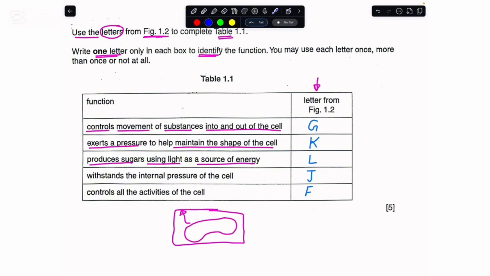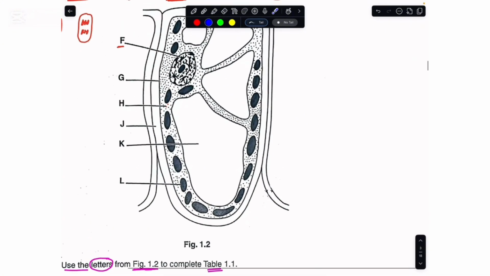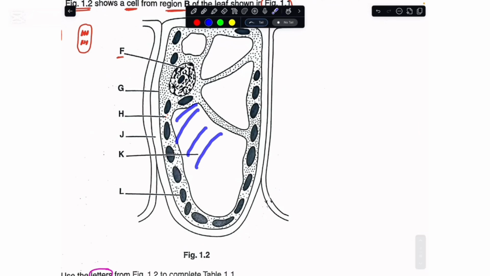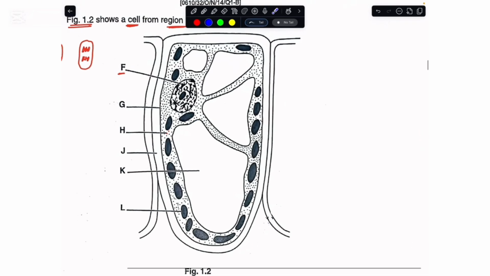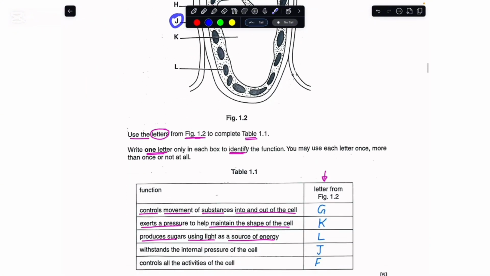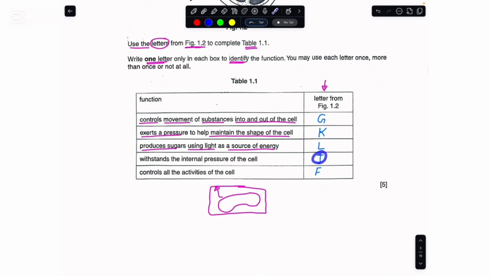Then they say withstands the internal pressure of the cell. The turgor pressure is applied by this large vacuole, and if someone has to bear this turgor pressure, the cell wall would be contributing the role in it, and the letter that we are given over here is J with us.